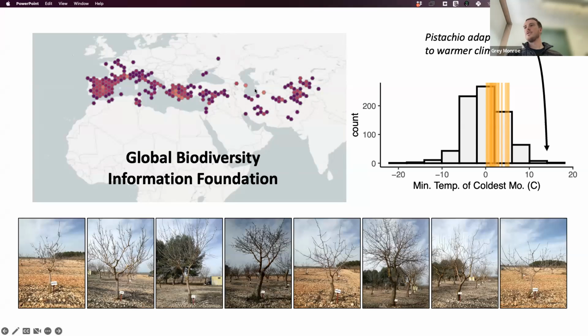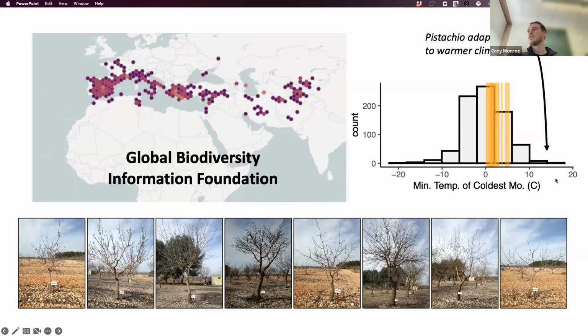And what's important to note is that these different locations come from very diverse climates. So I've drawn a little map here, this is the distribution of observations of pistachio. And we've got the minimum temperature of the coldest month. So this is some estimate of how cold the winters tend to be. These orange lines tell us these are places in California currently. And as we've just seen, this is shifting this way.